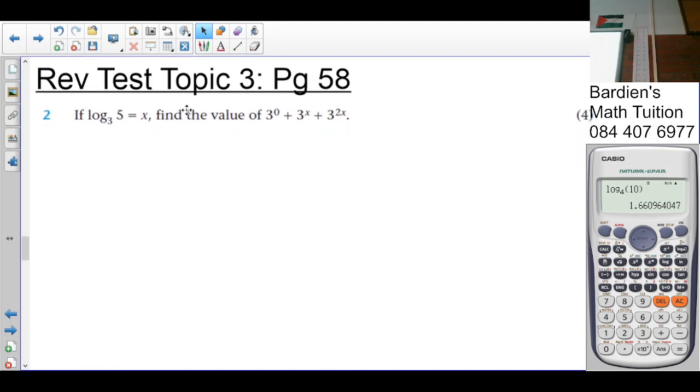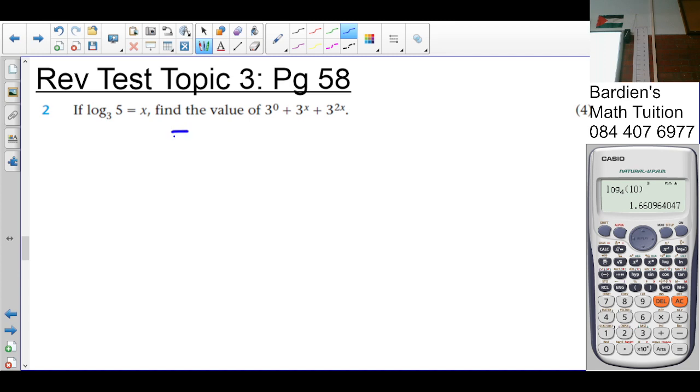In number 2, we are told log 5 base 3 is equal to x. Find the value of 3 to the 0 plus 3 to the x plus 3 to the 2x. We know that anything to the power 0 is 1, plus 3 to the x. Now remember that log 5 base 3 is equal to x.